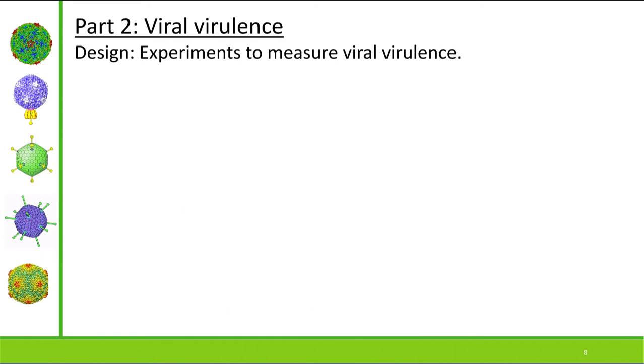Because this is a question that has a lot of right answers, I'm going to tell you the categories that virulence genes can fall into and give you some general examples of what those are, expanding upon what I've already said. And then I'm also going to tell you some general ways to measure viral virulence.